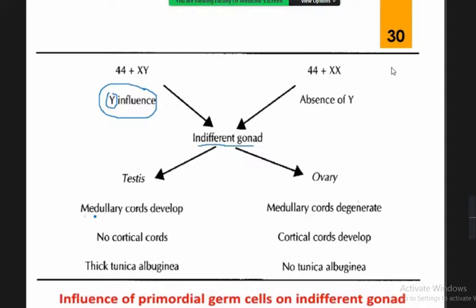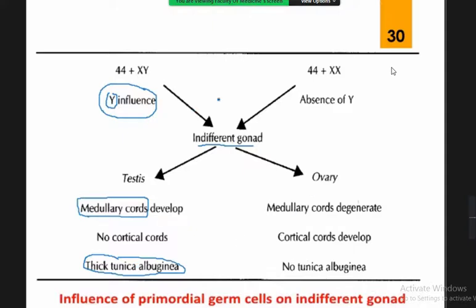The testis cords that we were seeing, or the medullary cords, further develop. And then we see that the wall of this gonad tries to thicken and separate itself from the rest of the cords. So it starts to form a distinct tunic.